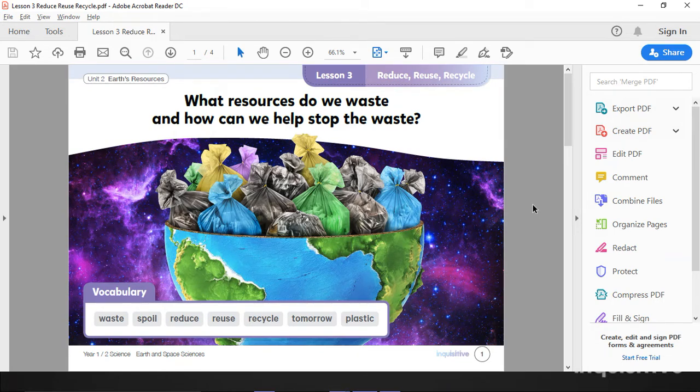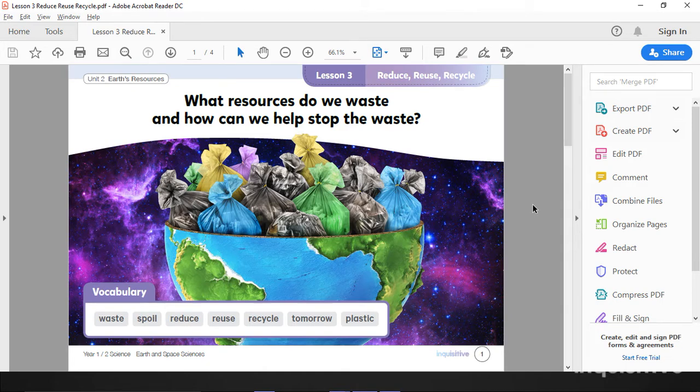And unfortunately, waste is a problem because when we throw things out and we don't do something else with them, those things end up going into something called landfill, and it's like a giant hole in the ground, and that waste or rubbish or garbage just builds up, and it's not very good for the environment.